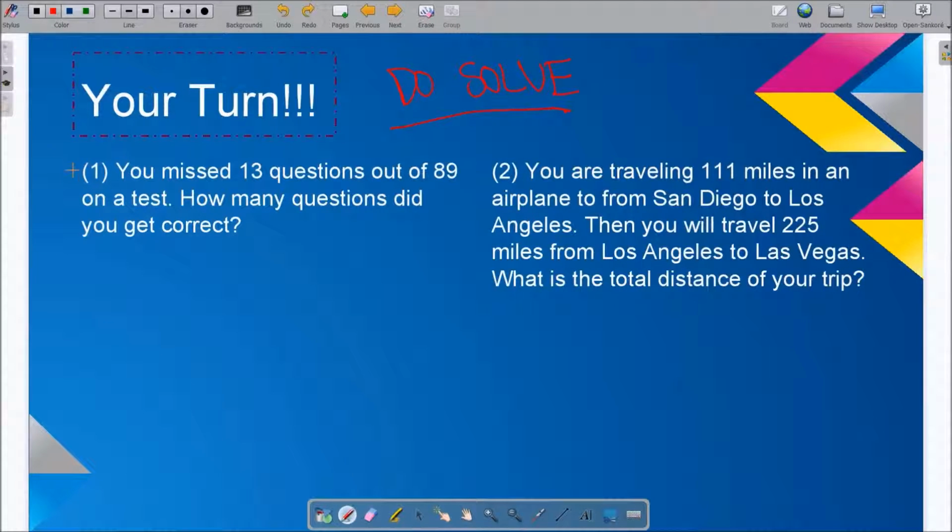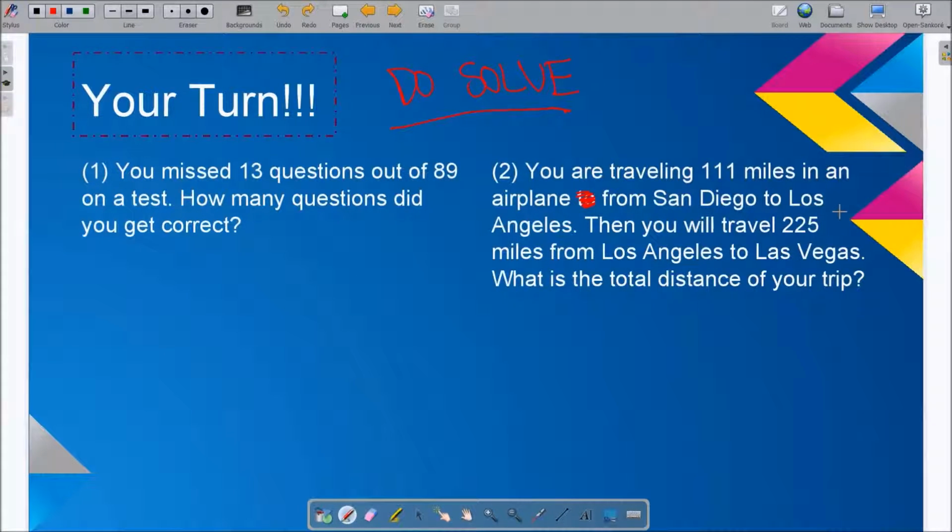So question 1, you missed 13 questions out of 89 on a test. How many questions did you get correct? First, determine what math you're going to use, then set up the problem, then solve the problem. Number 2, you are traveling 111 miles in an airplane, typo, from San Diego to Los Angeles.